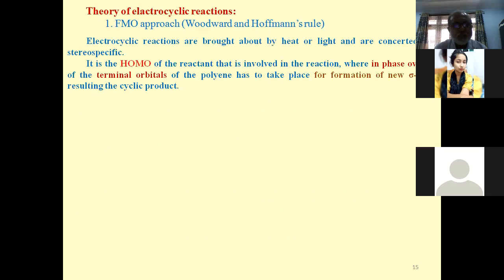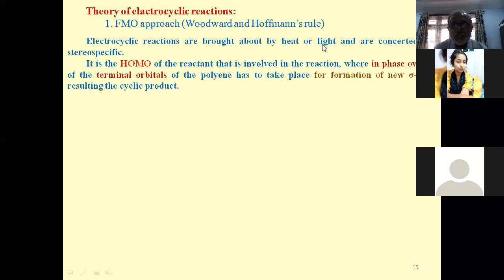So what is the theory? Electrocyclic reactions are brought about by heat or light. You see here, heat means the ground state, and light means the excited state. Marak, please put your sound on mute. Heat or light means the molecule in the ground state or the molecule in the excited state.